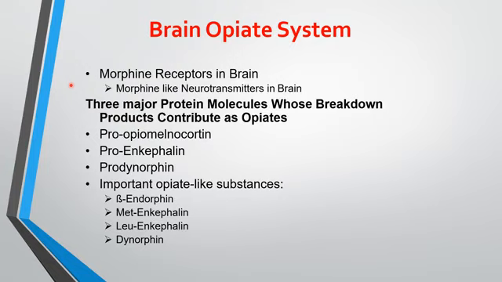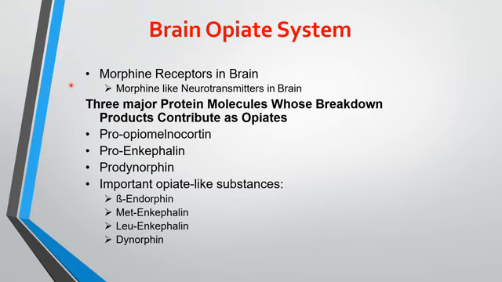In the spinal cord, at that synapse level, it acts by binding to the opiate receptors. This binding decreases the nociceptive or pain synaptic excitability. That is how the pain pathway is inhibited by morphine-like neurotransmitters.